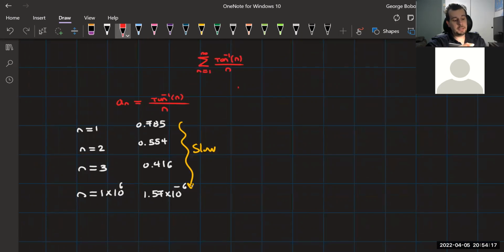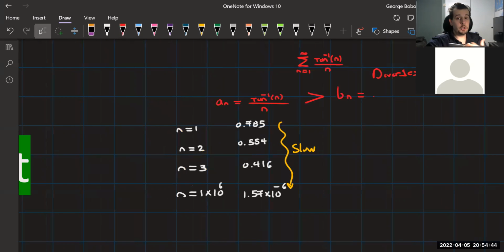So I have to pick a series here that is consistently bigger. Actually, no, the other way. My brain had a brain fart there. It is consistently smaller, and it diverges. That's what we want to do. Consistently smaller, but diverges. Here's where our information on tan inverse is golden. We said that tan inverse can vary between pi over 4 and pi over 2.